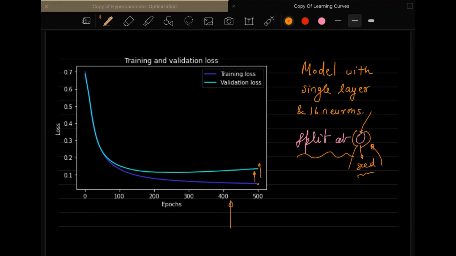When you do the splitting with 0, the images that have come to the validation dataset may be very difficult for the optimizer to optimize. It's very hard for the optimizer to do that. That's why the error is going up for this particular split. So this shows you the type of profile you can get if you increase the neurons to 16 and do the splitting.